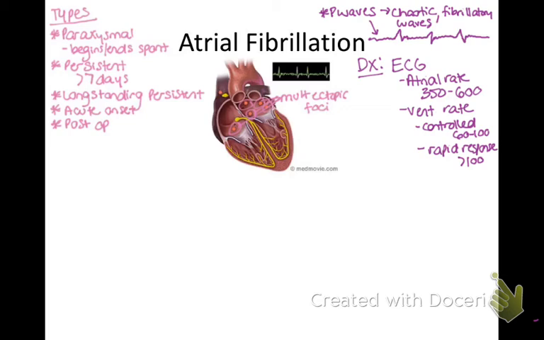You've got the SA and the AV and the bundle, and you've got all these ectopic sources that are all trying to originate the electrical impulse. If the AV node gets all those impulses and says, no, I'm only allowing 60 to 100 to come through, then you have AFib with a controlled ventricular rate.